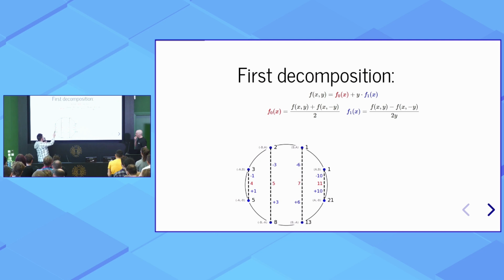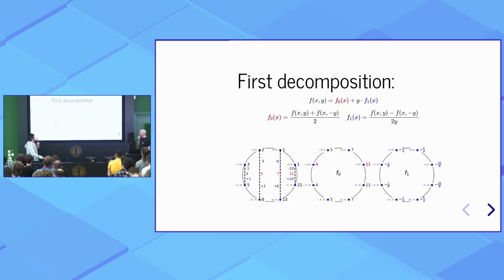And the blue decomposed polynomial will be the difference, the anti-average divided by the y coordinate, which is a. All right, so we started with these 8 values, and we decomposed them into 2 polynomials, the f0 and f1, which is the averages and the anti-averages.